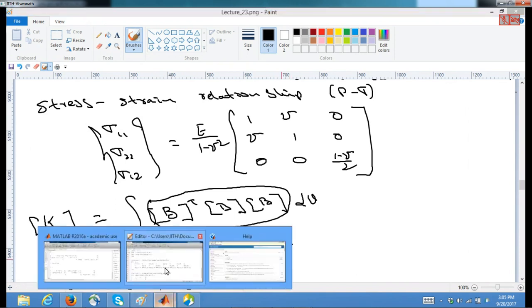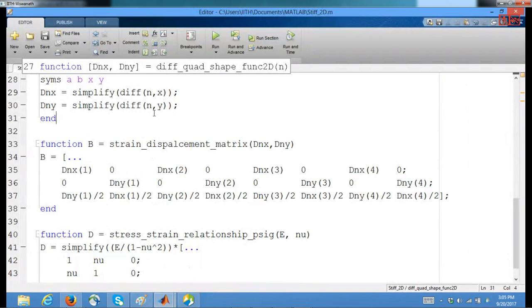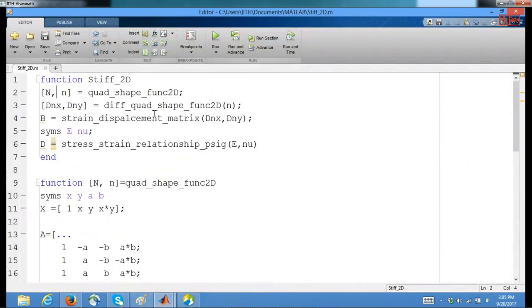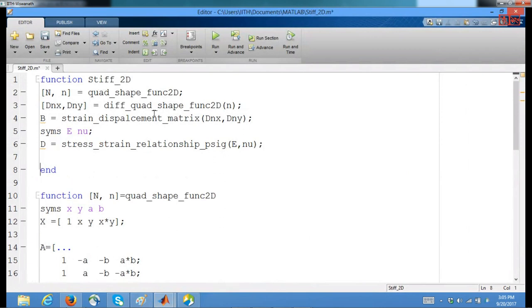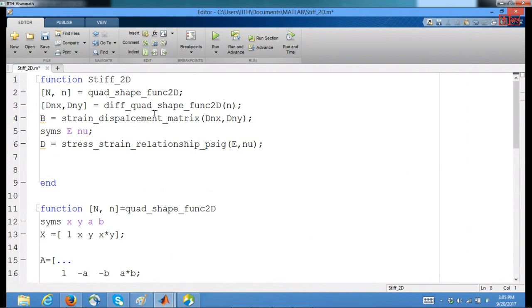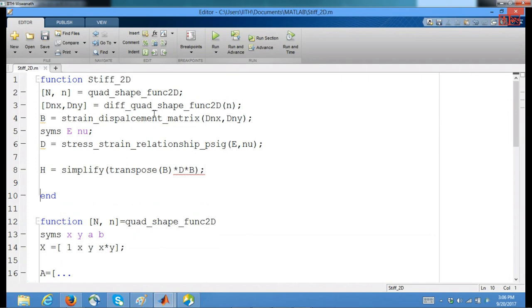So when I do that, H is equal to simplify, transpose B star D star B, and this is the thing. Let us see what my H matrix looks like.